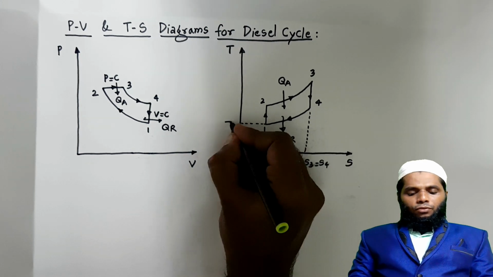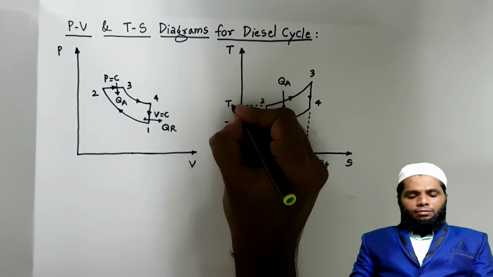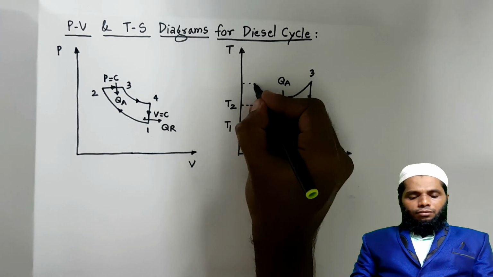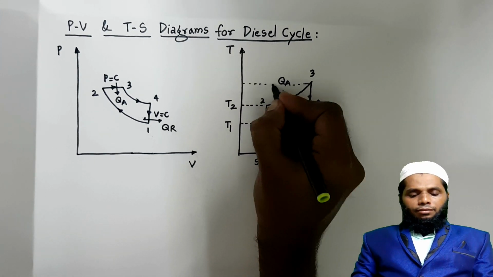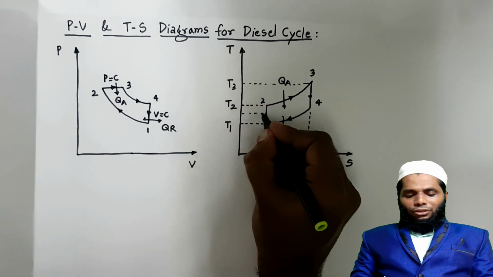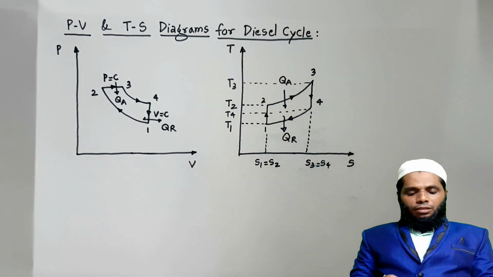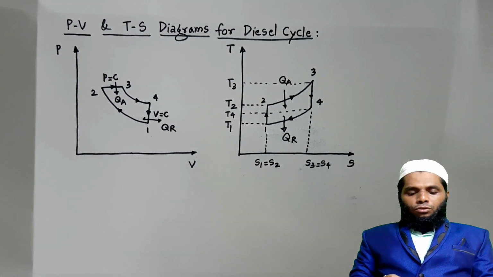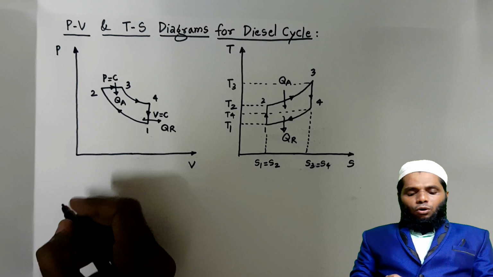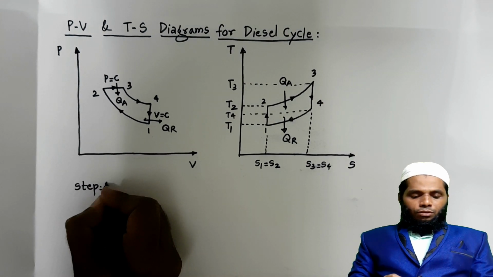Then we'll mark all the points temperatures, temperature T1, then third point is the maximum cycle temperature, that is T3, and fourth one temperature T4. So we have marked all the temperatures on TS diagram.